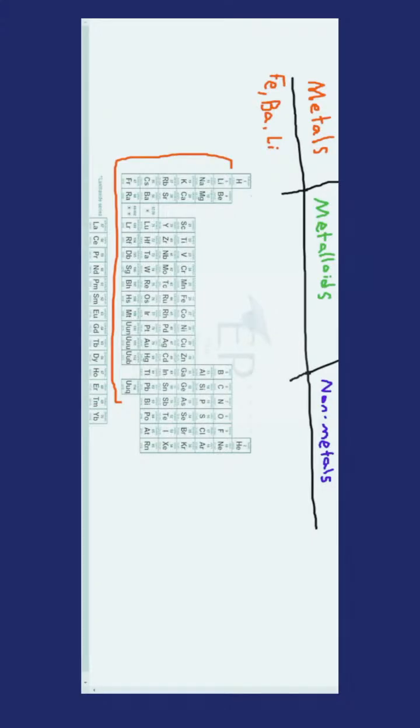Then moving on to the metalloids, those are found in between the metals and the nonmetals and are really only including about 6 or 7 elements that can be found by drawing a type of staircase figure from boron through tellurium and polonium.